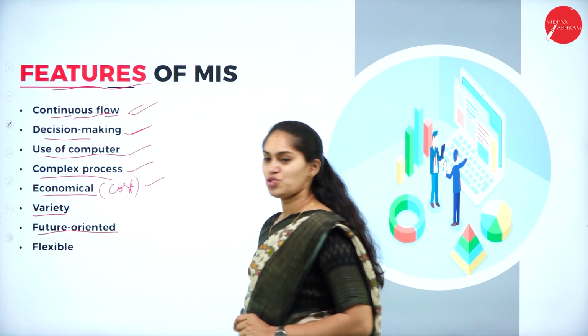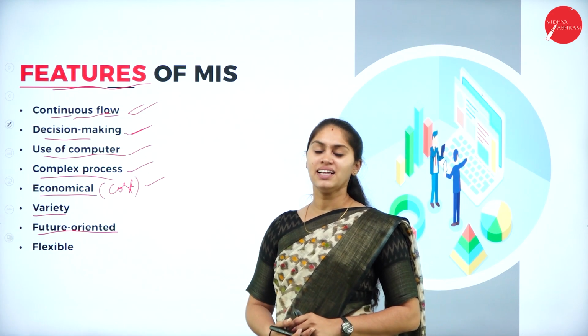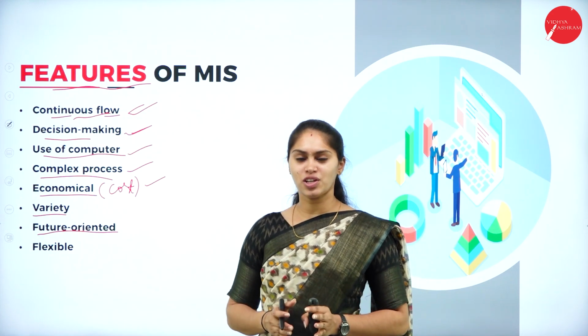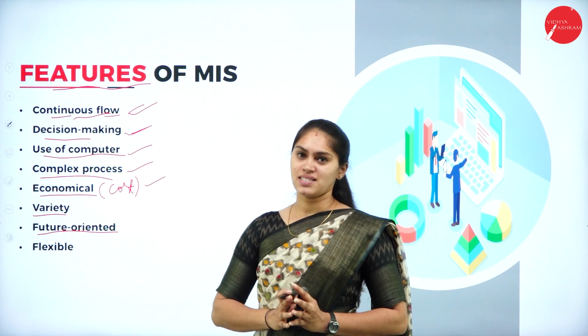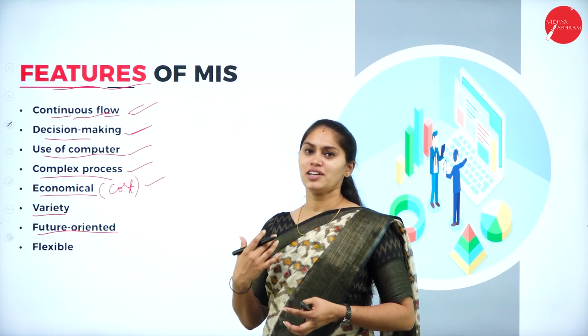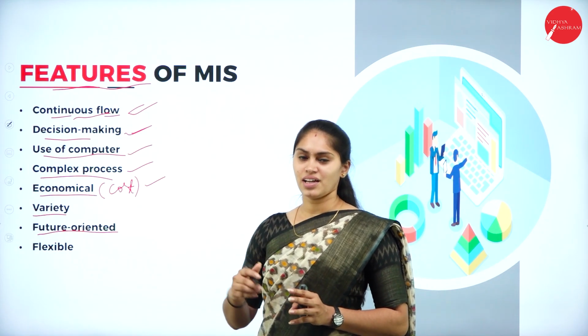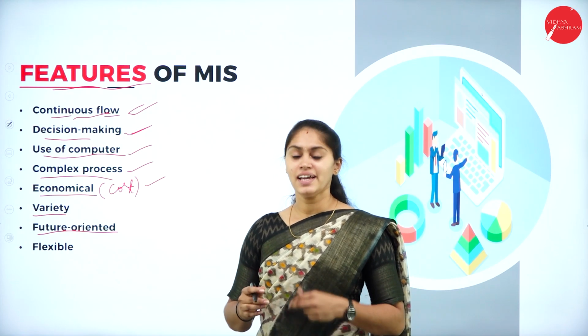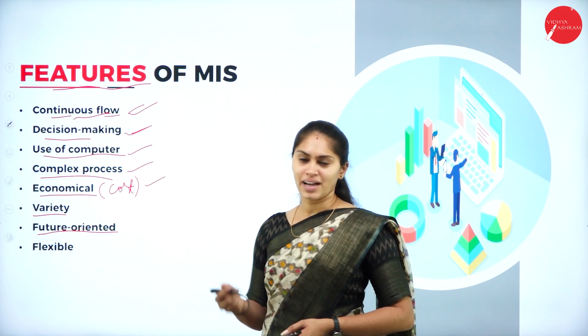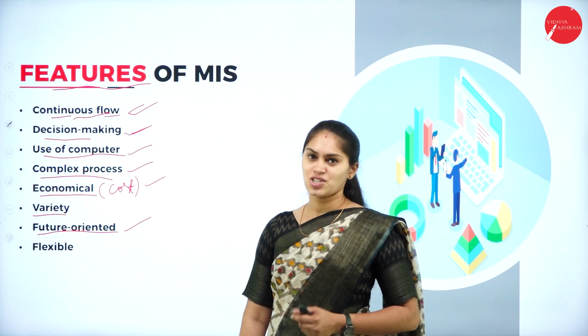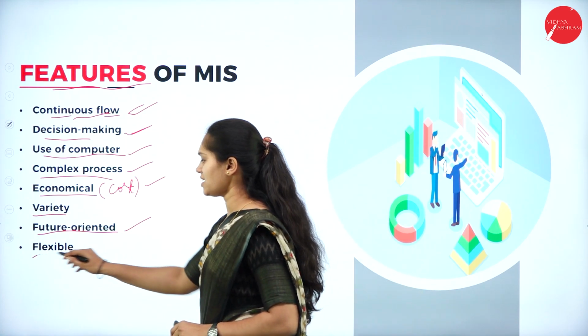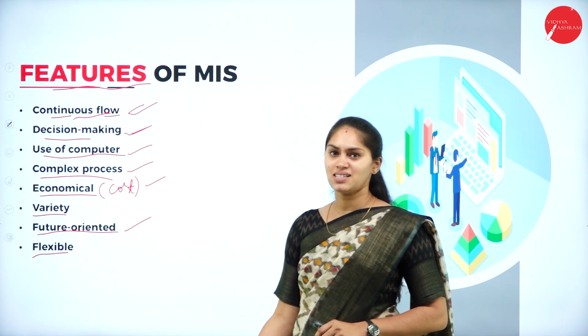Then it is future oriented. I can say that MIS is also future oriented along with being present oriented. It will help me make decisions about future things, and it will help me make the best decision for the future of the organization or the firm. Next, it is flexible. Why am I saying this is flexible?